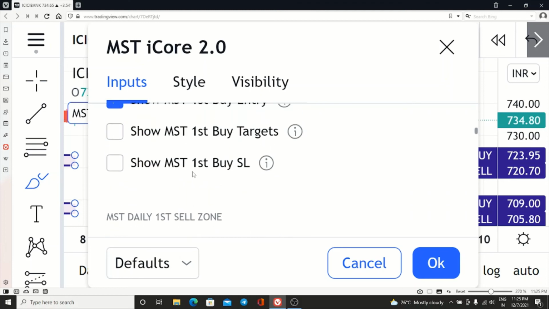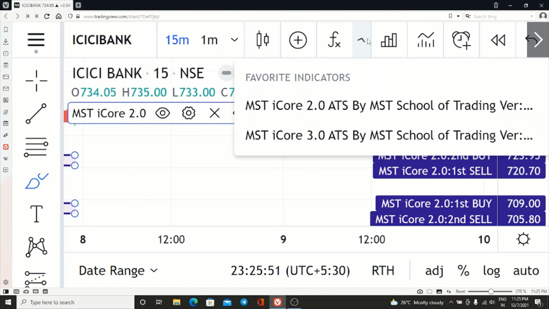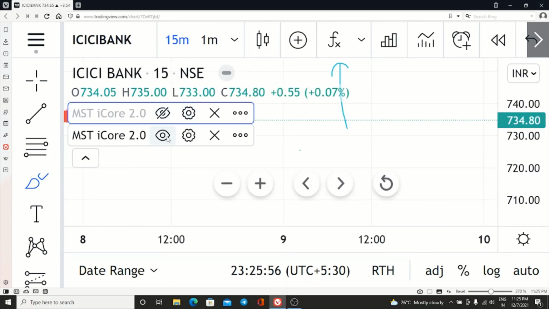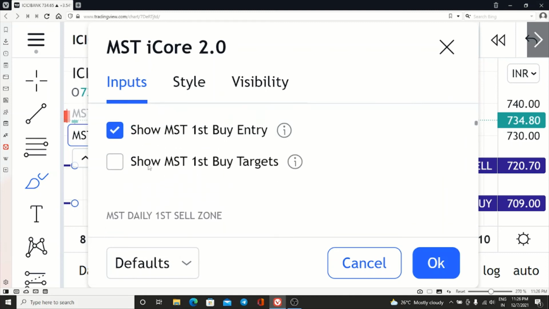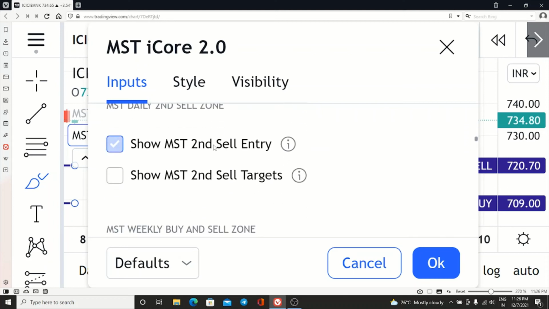But in 3.0 there will be no separate SL. Why have I not kept a separate SL here? It is not necessary. Once first buy is activated, by default you will be enabling second sell. You will be ready for the reverse entry.